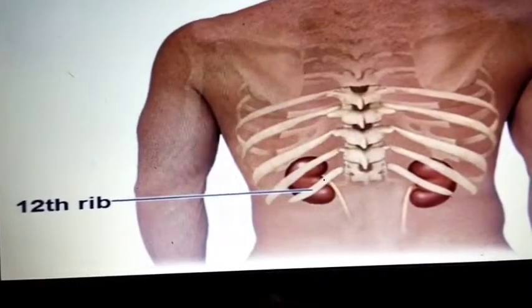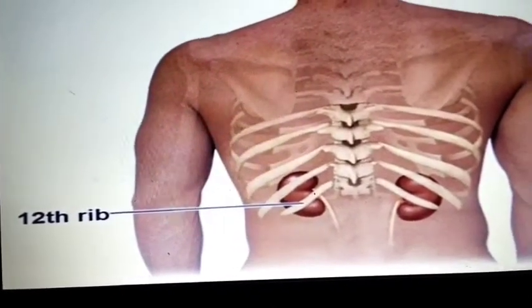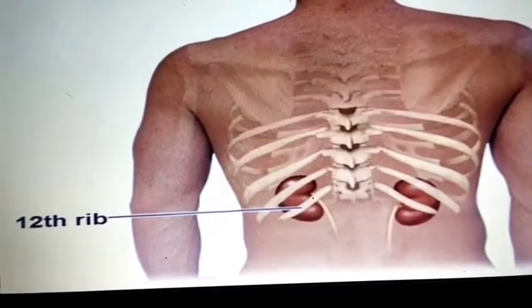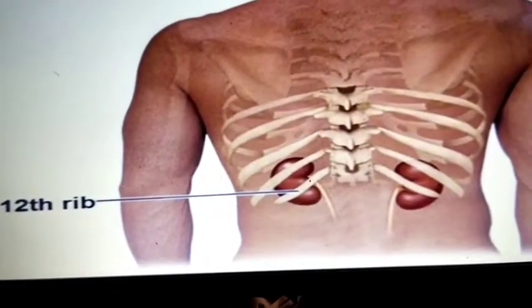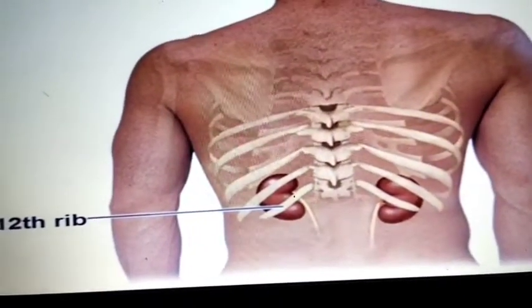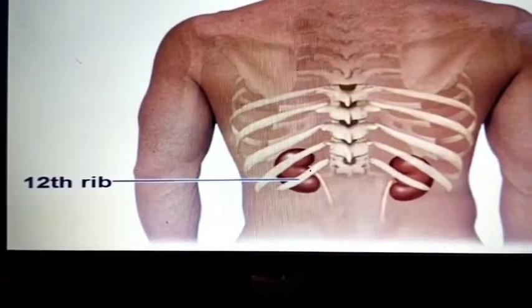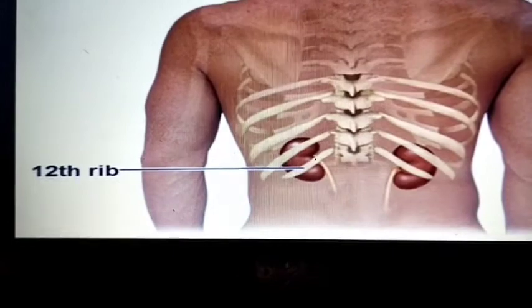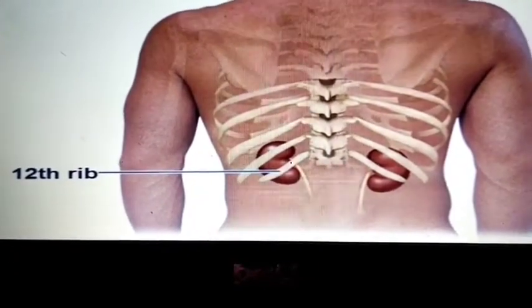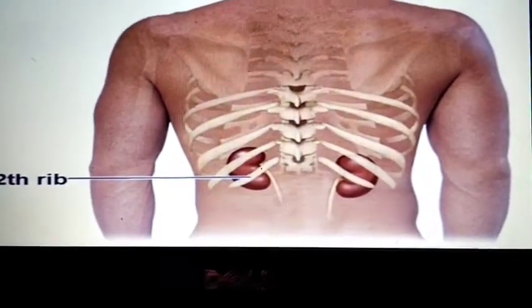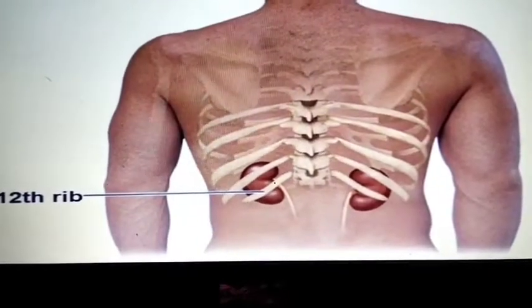It is present from the T12 vertebra to L3 vertebra. These are present just above the waist, at the lumbar region, both of them, and these are retroperitoneal organs.